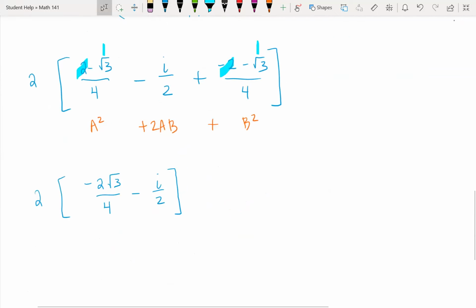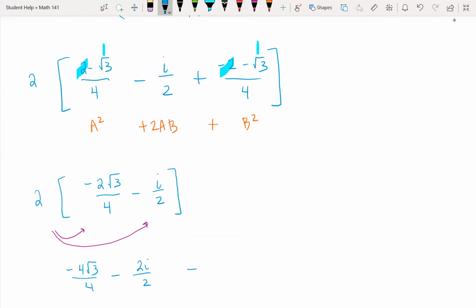Because then I get, distributing the 2 to both of these items, -4 root 3 over 4 minus 2i over 2, which is -√3 minus i.